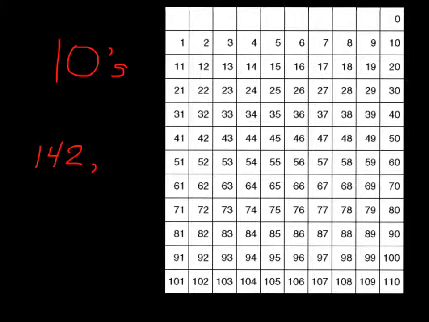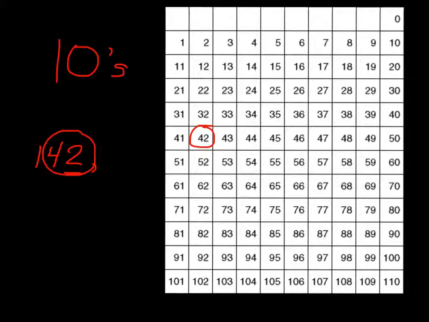If you are skip counting by tens, then you should look at the ending digit. Here we have 142, and since this number grid doesn't go that high, once again I'm going to look for that 42.